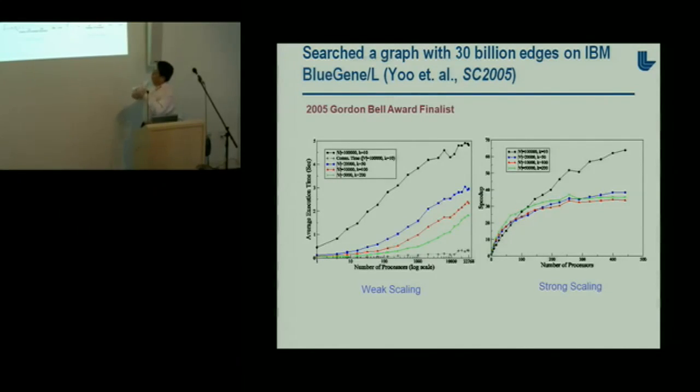We ran 100 of those searches and measured the average time. An ideal weak scaling curve should remain almost flat, but this is not that bad. For a graph of this size, it took less than 5 seconds in the worst case to search. What was surprising to us was that the communication time overhead, this line, is very small, about 5%.